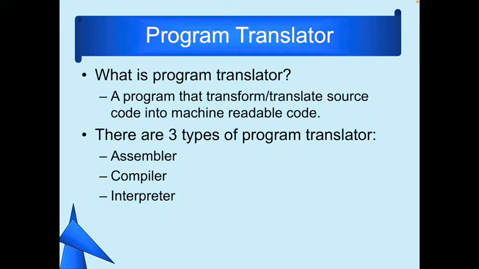Before we go further on program translator, we need to know what is program translator. Program translator is a program that transforms or translates source code into machine readable code.